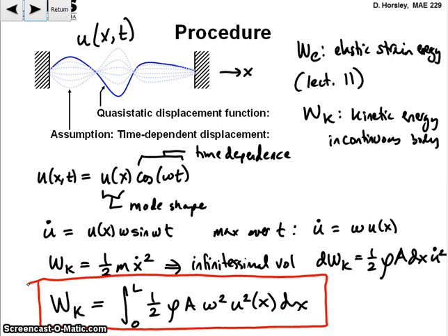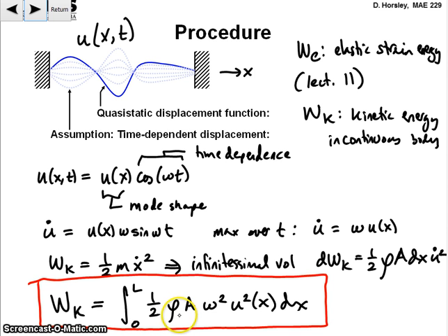It may be that the mass density and the cross-sectional area could be varying as a function of x, so I could say it's like A of x and rho of x. I'm going to ignore that for now, just because it makes the writing a little bit simpler.